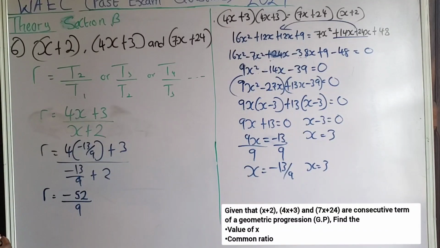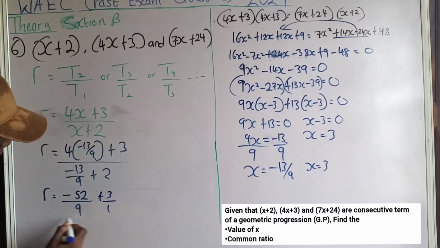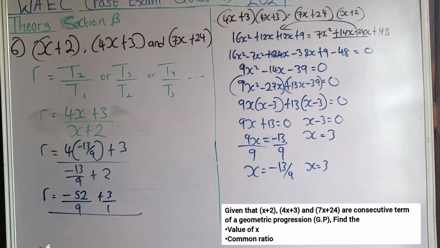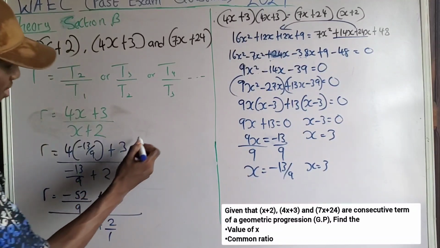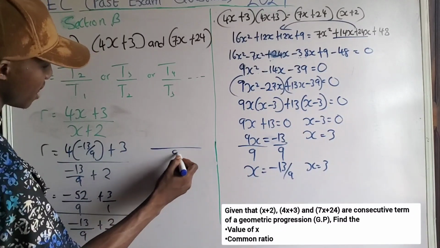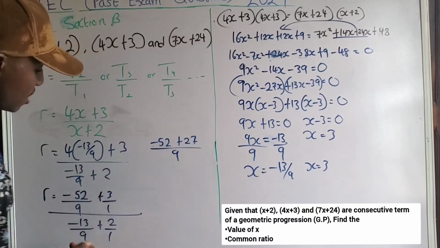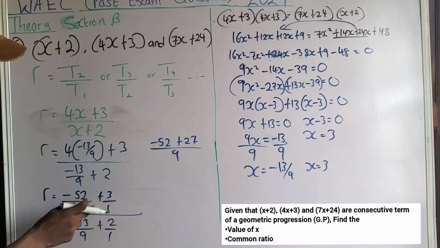Well, you can take the LCM directly, so that will be minus 52 plus 3 over 1, then divided by minus 13 over 9 plus 2 over 1. Do you understand? So for this, what is the LCM? I'm going to have 9 minus 52 plus 27. That is the numerator. I'm dealing with the numerator now, okay?